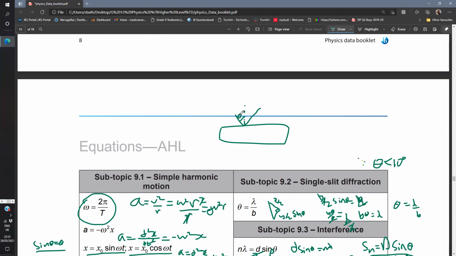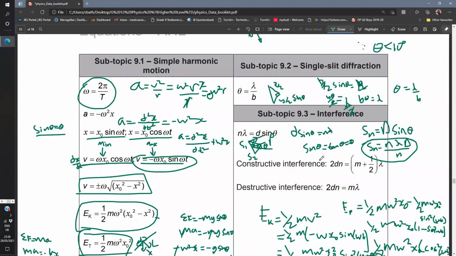So we know that reflected is the same angle on the opposite side of the normal, and we have point A, and then this is refracted, B, C. So I'm not going to discuss the concept, I'm just going to discuss the formula. So basically, this is constructive interference, and this is the formula for destructive interference.